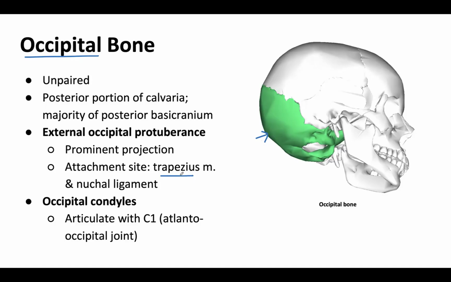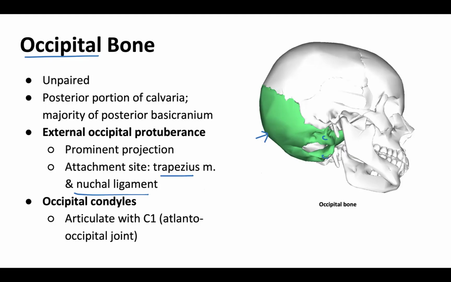But there's also a structure called the nuchal ligament, which helps support the head. It extends from the external occipital protuberance all the way down to the seventh cervical vertebra, give or take. Other important structures, also on the external surface of the occipital bone, are the occipital condyles.